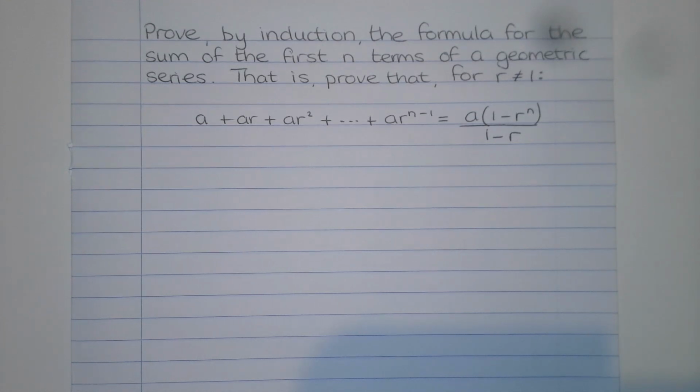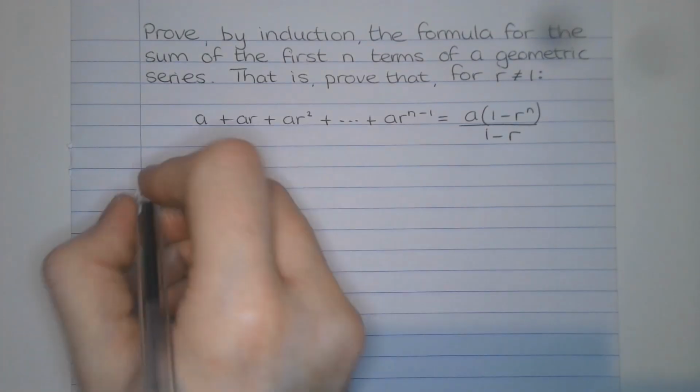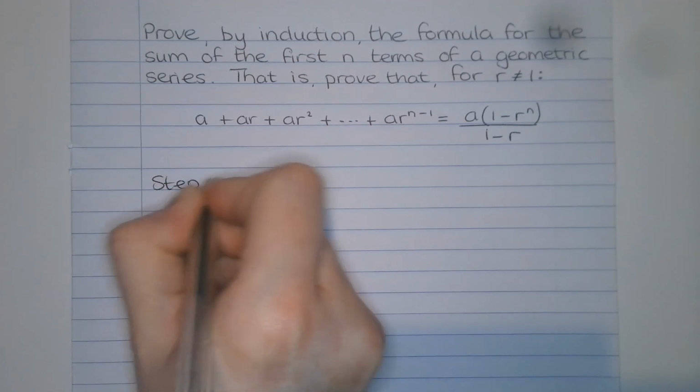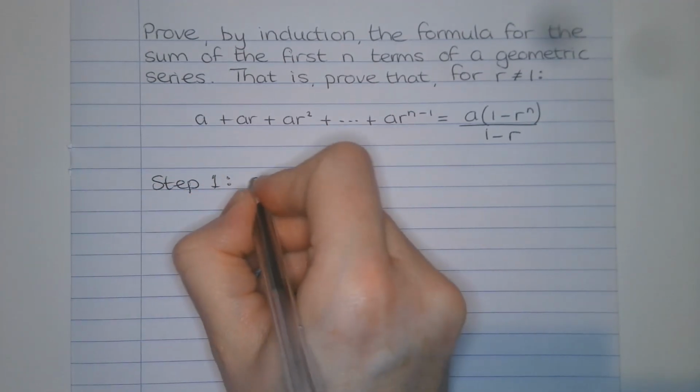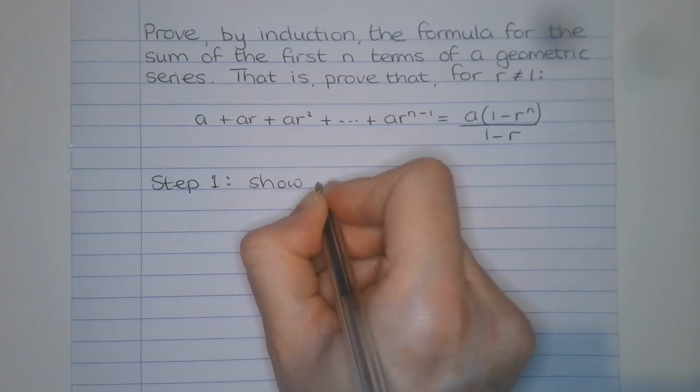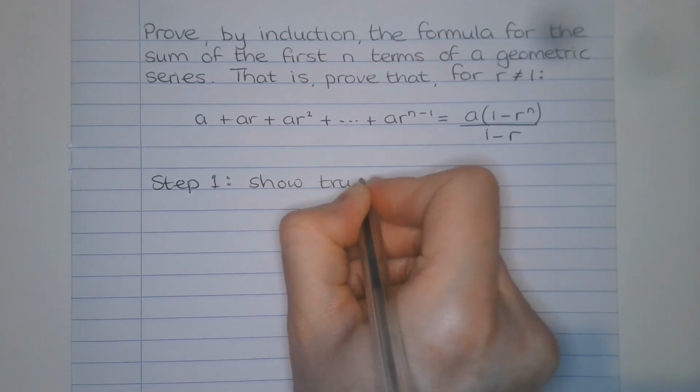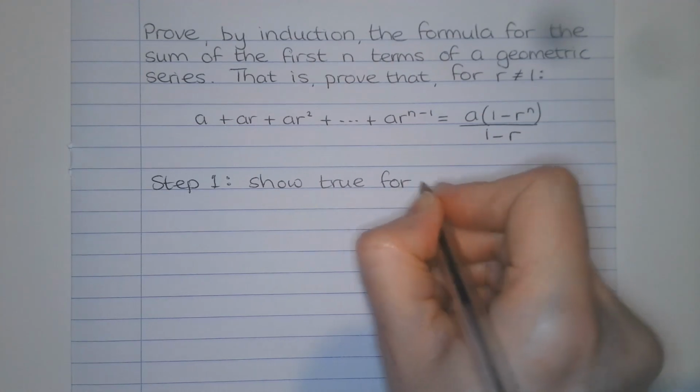We're going to prove by induction the formula for the sum of the first n terms of a geometric series. So as we see here, our first step, step 1, is to show that it is true for n equals 1.